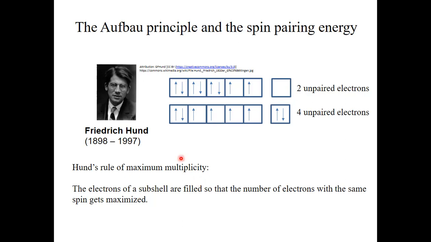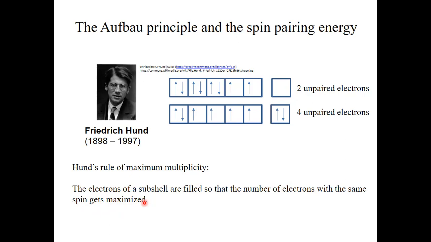That is reflected by Hund's rule of maximum multiplicity, named after Friedrich Hund, which says that the electrons of a subshell are filled so that the number of electrons with the same spin gets maximized. So the electron configuration with the maximum number of unpaired electrons interacts most favorably, lowering the energy of the electron configuration.